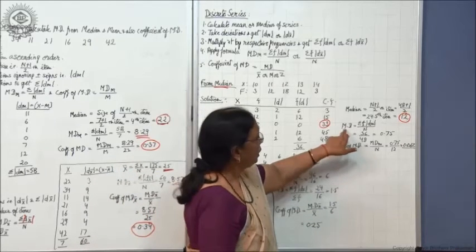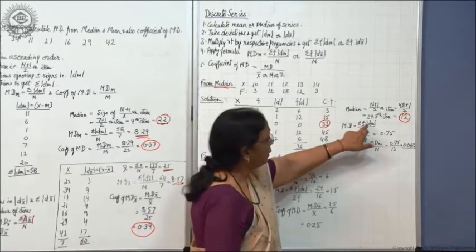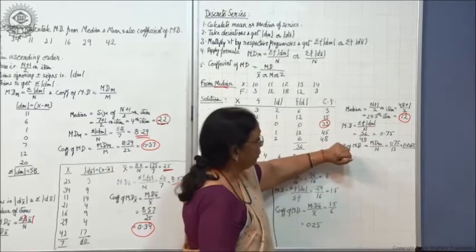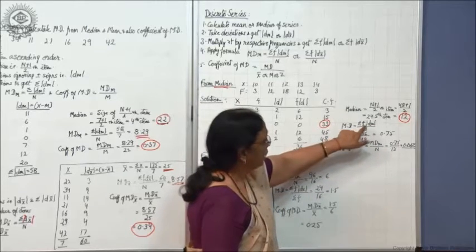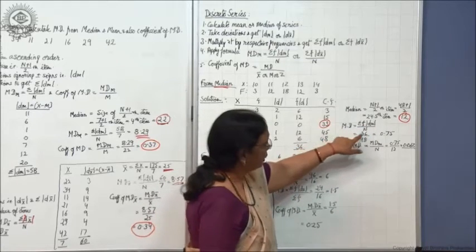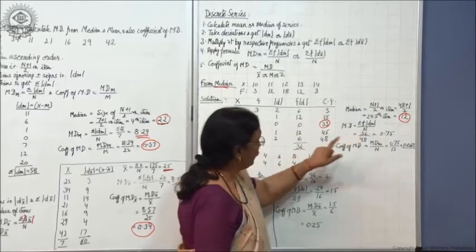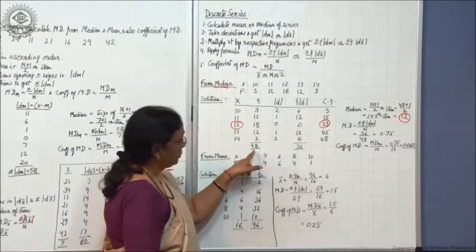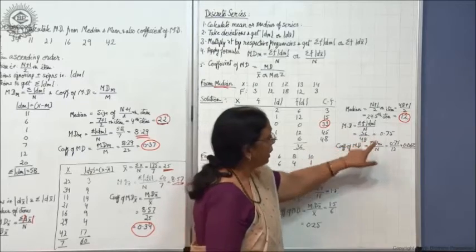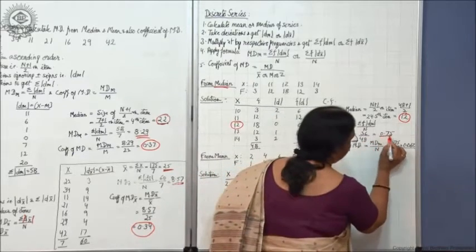Now apply the formula: MD is equal to sigma f dm upon n. N is sigma f. So sigma f dm is 36, you will write down 36 here. N is the number of items, or sigma f, which is 48. So this is 36 upon 48, and this is your mean deviation.